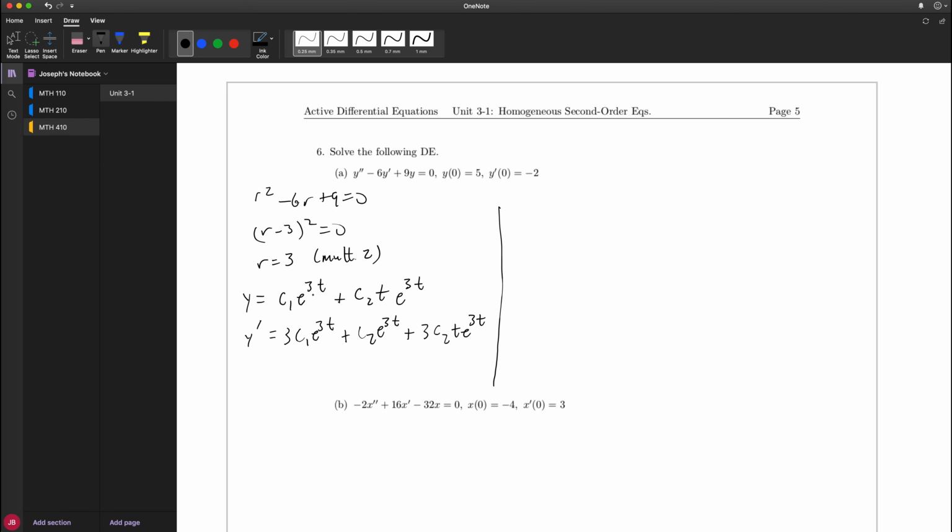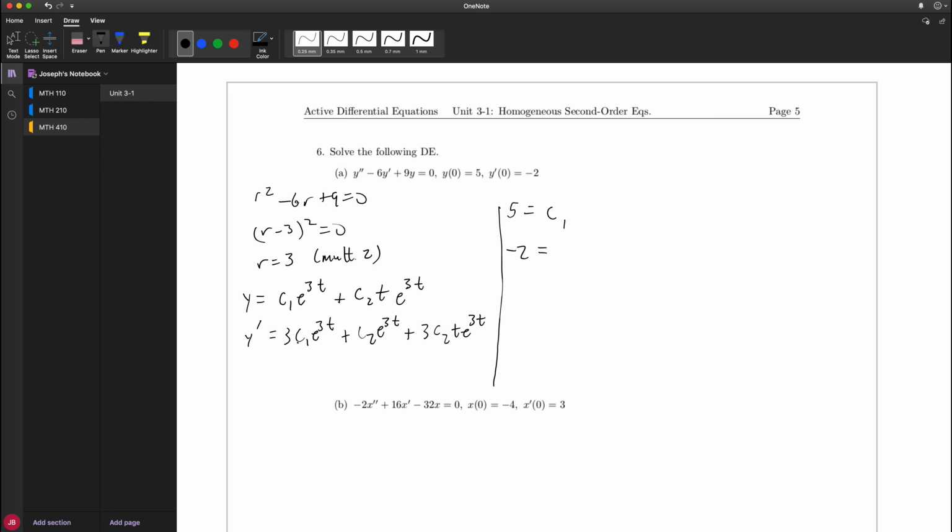And 5 is what you get when you plug in 0 here. And you'll notice plugging in 0 for t here, this actually goes away. And so I just get 5 equals c1. Okay, that's nice. And now negative 2 is what I get when I plug in 0 into the y prime. So this whole term right here will go away.